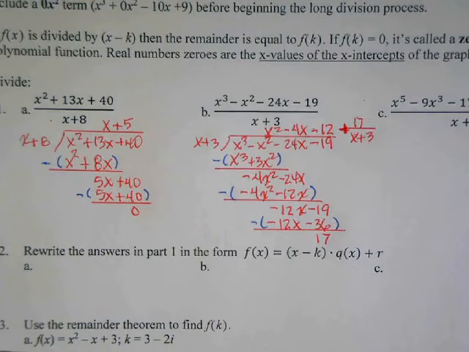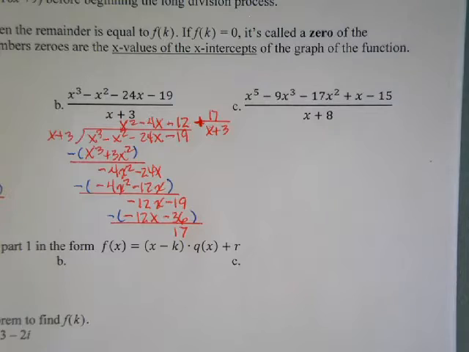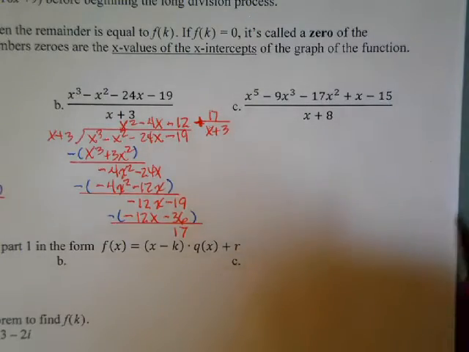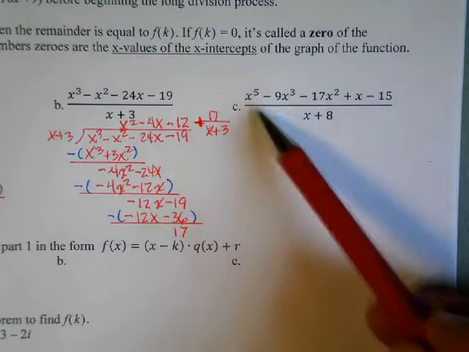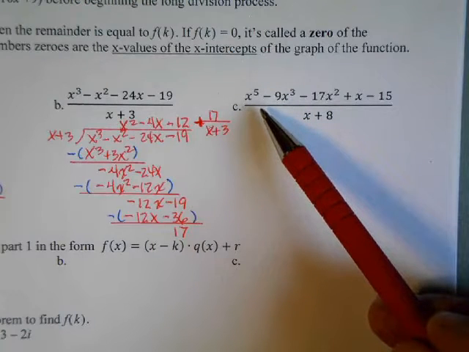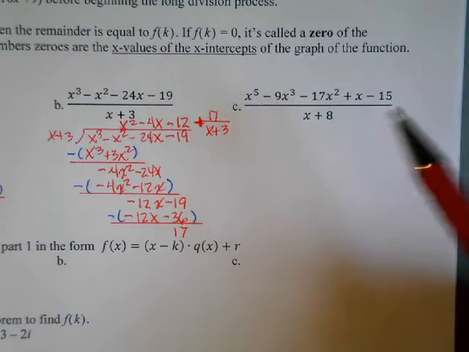All right, now let's look at a situation in which not all the terms are there. We have an x to the 5th, then x cubed, so there's no x to the 4th. So we're going to need a 0 to take care of that, and then otherwise it's pretty much the same problem.